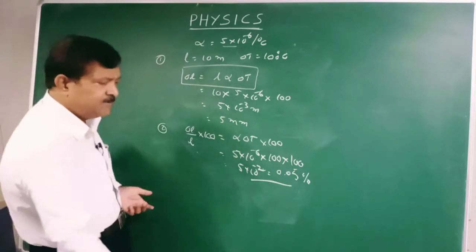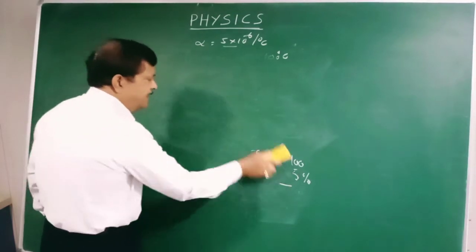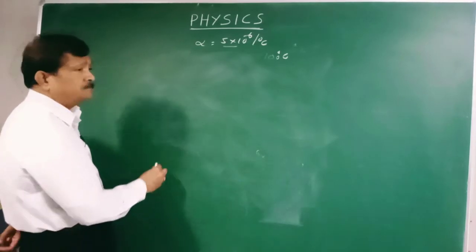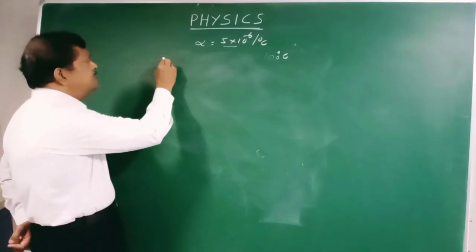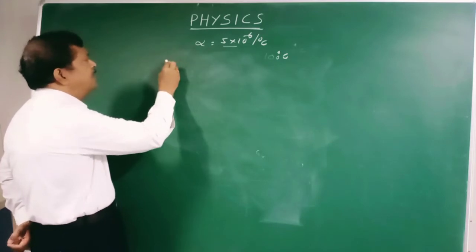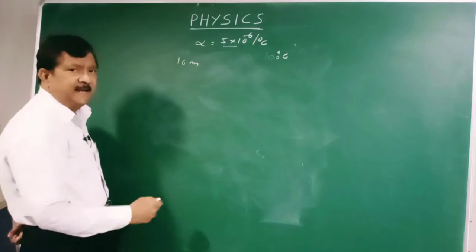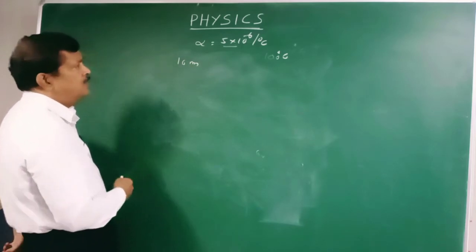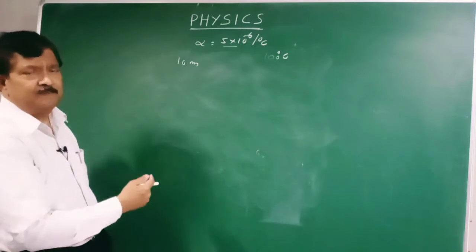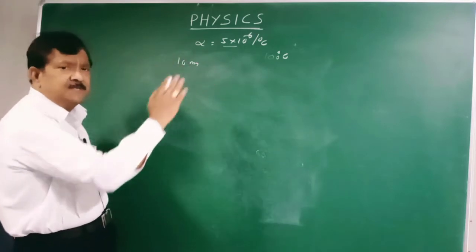Now let us proceed with some more numericals. Let us have the same value of alpha for convenience. Now let us calculate like this. Suppose there is a metallic rod of length, let us say, 10 meter. Now for this rod I am increasing the temperature. When I am increasing the temperature, the length of the rod is increasing by some extent.